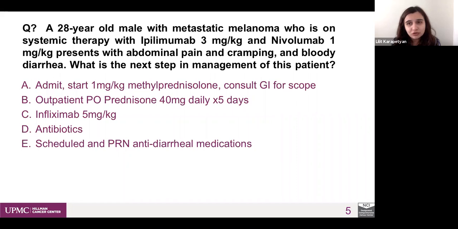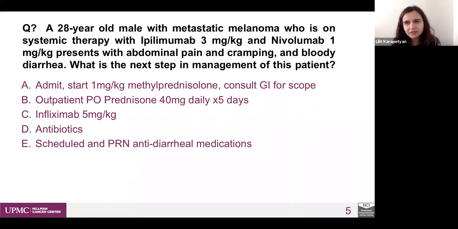Usually when you do a scope, there is a picture like IBD. If any of you are interested in GI, you would see a similar lymphocytic infiltrate. This is important because you will definitely diagnose the patient as having a side effect.